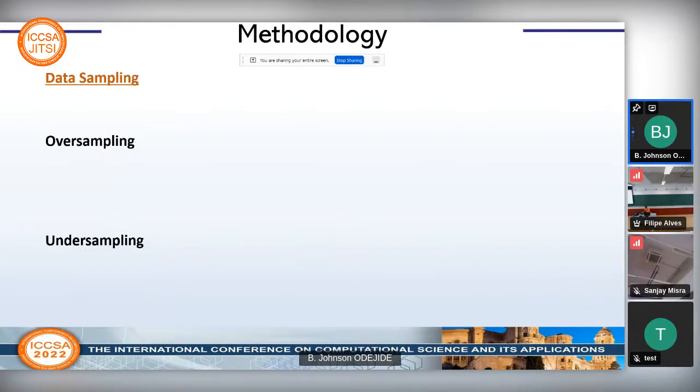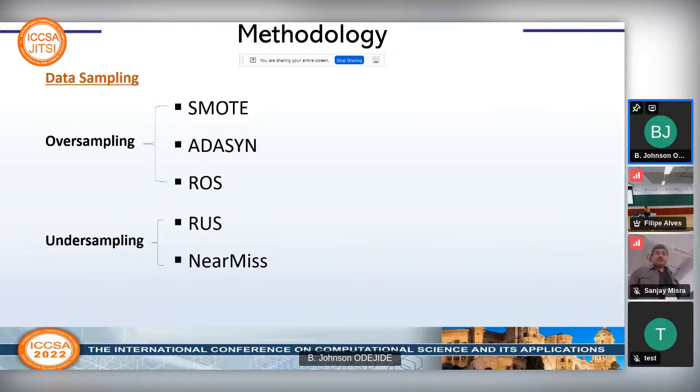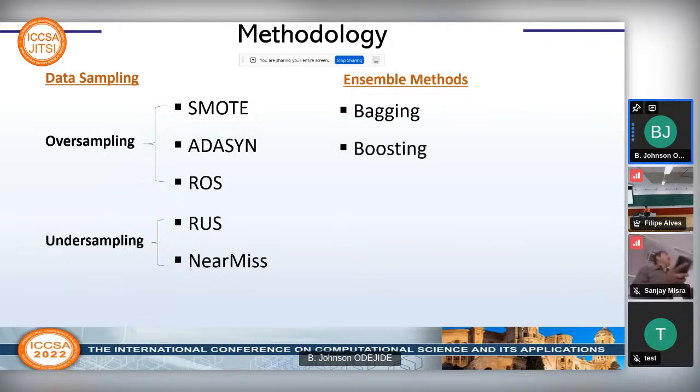For the data sampling approaches, we considered the popular oversampling and undersampling methods. For oversampling, we considered SMOTE, the synthetic minority oversampling technique, the adaptive synthetic technique, and random oversampling. For undersampling, we considered random undersampling and NearMiss. For the prediction algorithms, we considered the decision tree and naive Bayes.